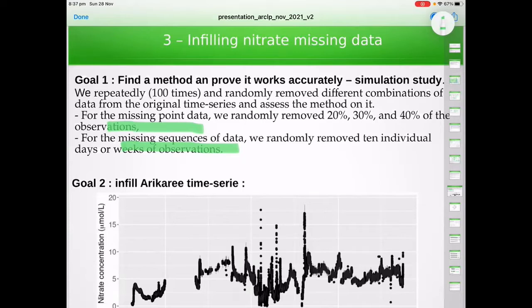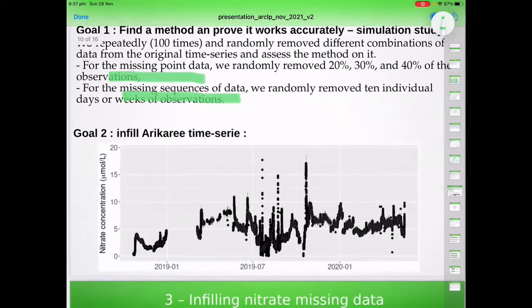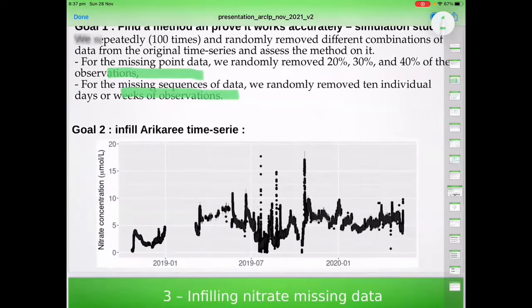The second goal is to infill, for example, the time series from Arikari. You can see this is the observed time series, with data from October 2018 to October 2020.